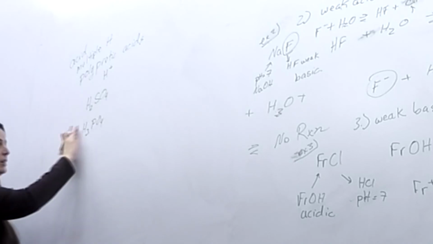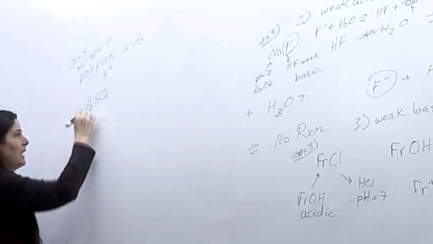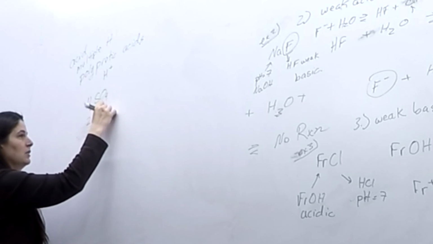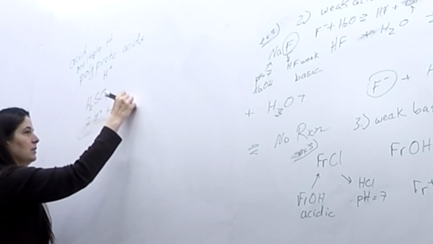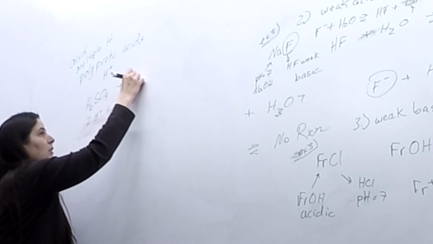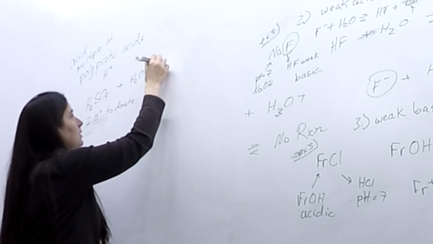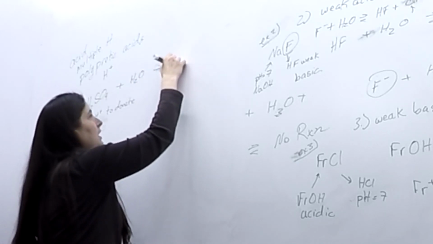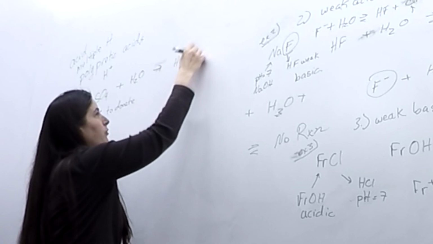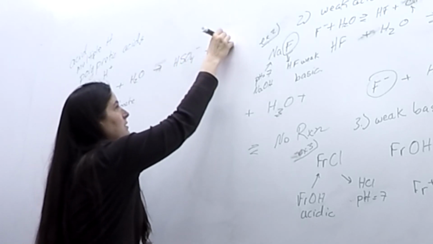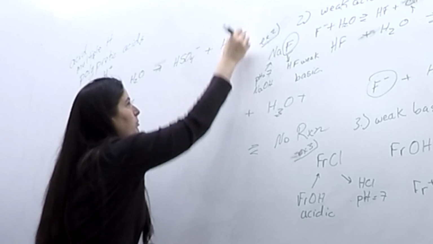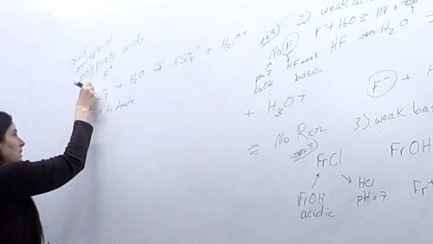So if you have a polyprotic, that means that it has two protons to donate, which means that it can react with water twice. In the first reaction with water, it will completely dissociate into HSO4 minus plus H3O plus, because only one of these gets donated.